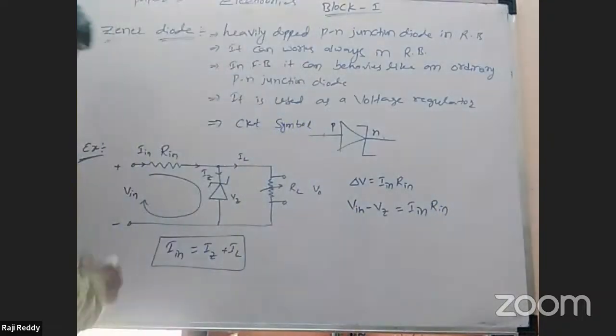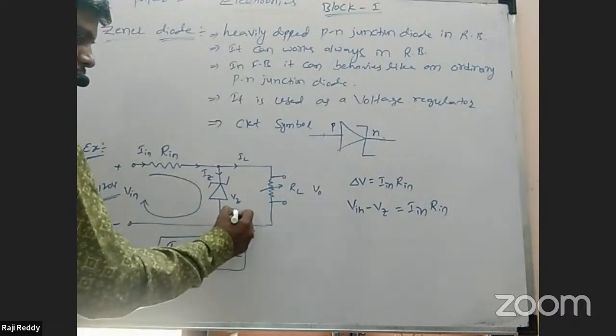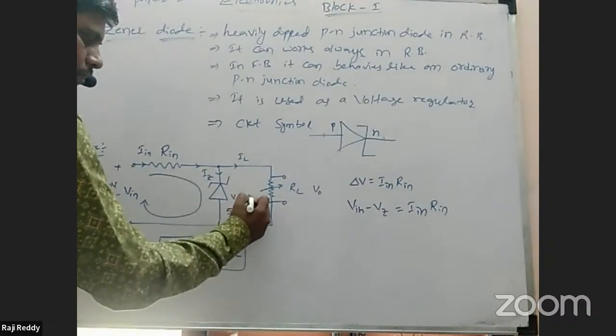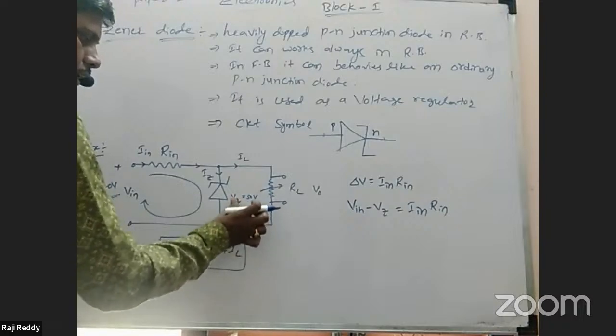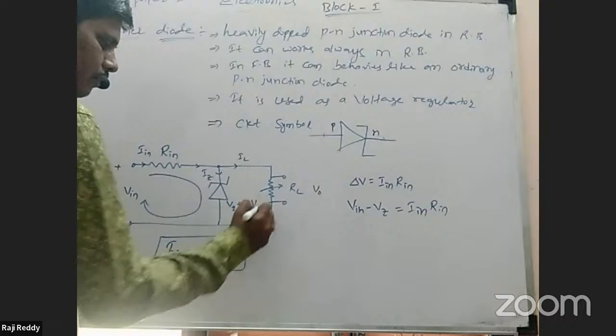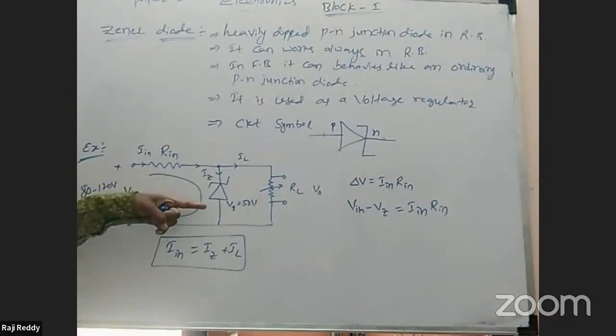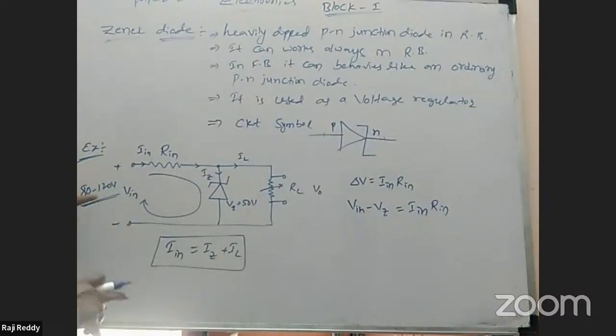For example, the input voltage range is 80 to 120 volts, with 50 volts across the Zener diode, so VZ is 50. Then they will ask how much minimum current and how much maximum current flows through the Zener diode. Minimum current corresponds to minimum voltage, and maximum current to the maximum voltage.